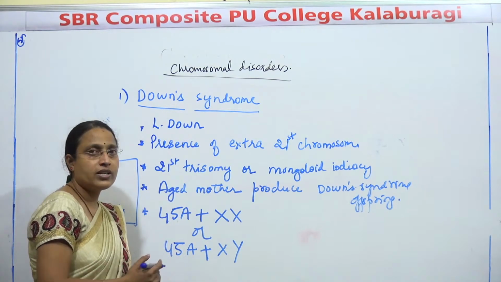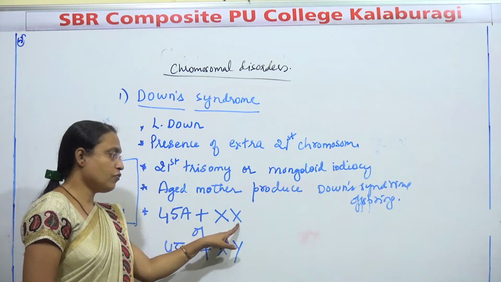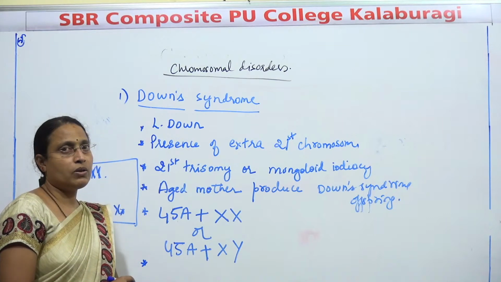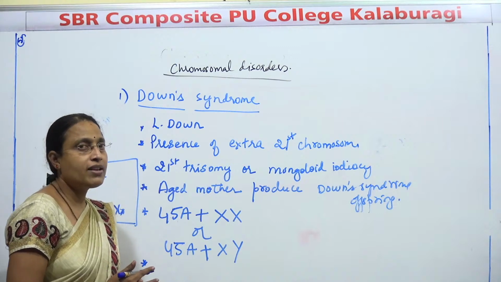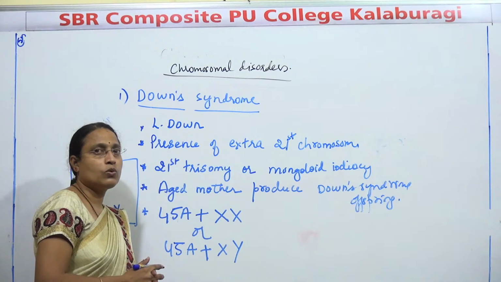Then how many total chromosomes will be present as a result? 45, 46, 47. So therefore, a total of 47 chromosomes will be present in people who are suffering with Down syndrome instead of the normal 46. So it is a 2n plus 1 condition.